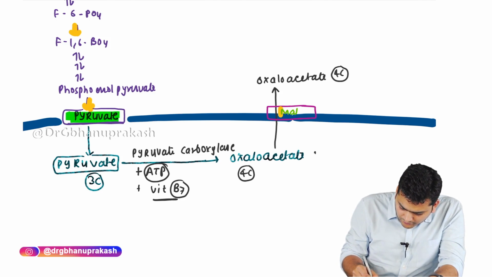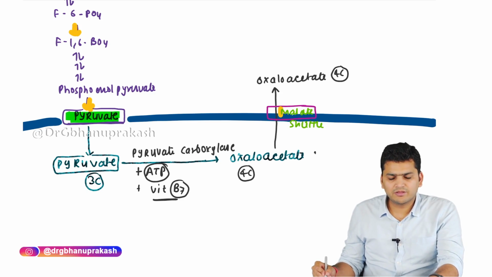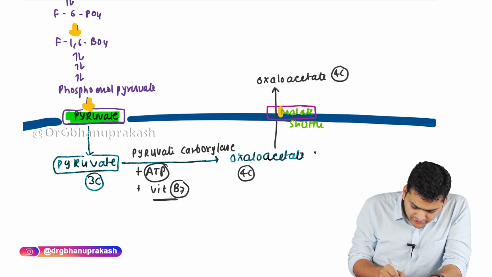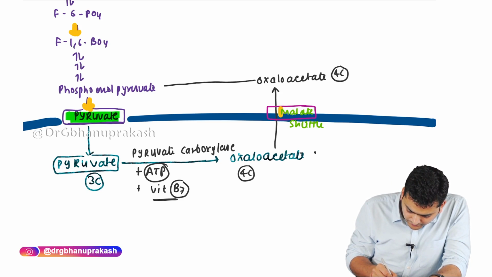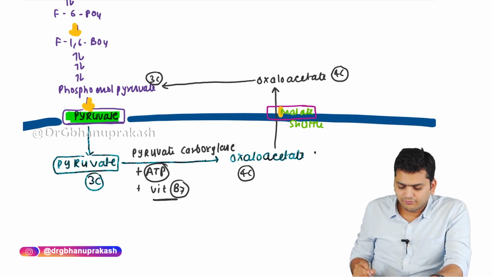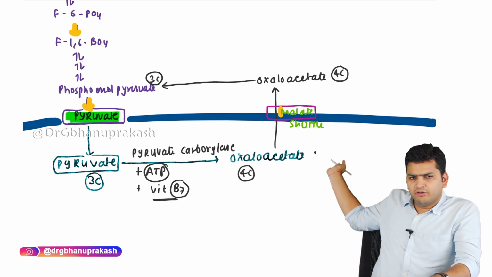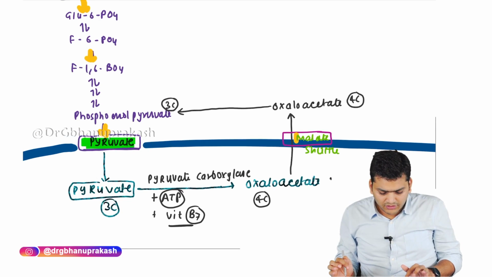With the help of the malate shuttle, the oxaloacetate comes back into the cytoplasm. Then this oxaloacetate will convert back into phosphoenol pyruvate, so that we could have bypassed the first hurdle. See, we have taken the alternate route, we came inside and we are going like that.